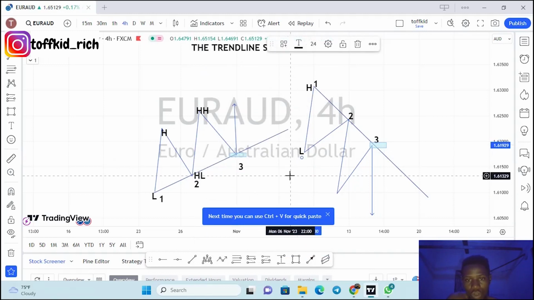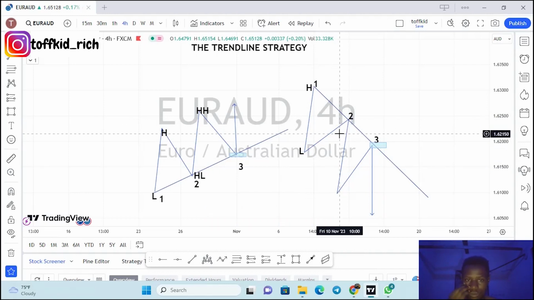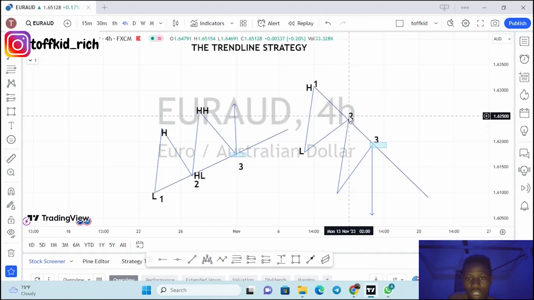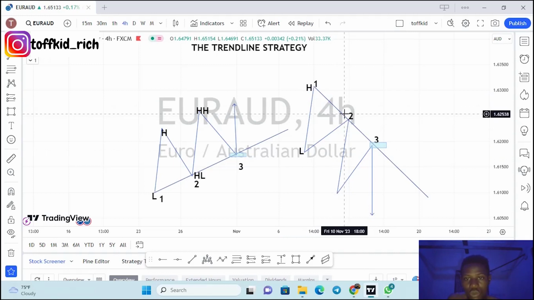Upon the weak test of this point here, this is definitely going to be the lower high, and then here will be the lower low.